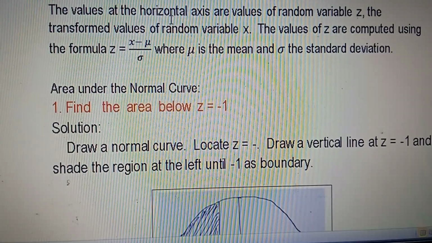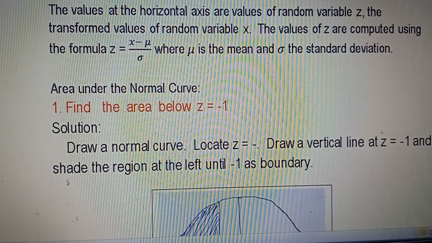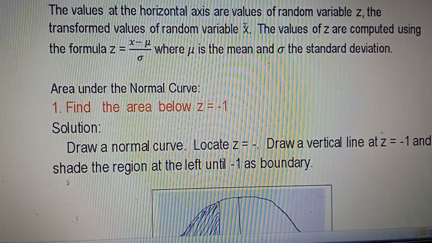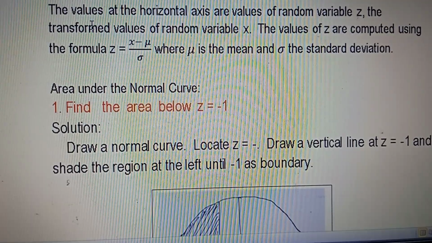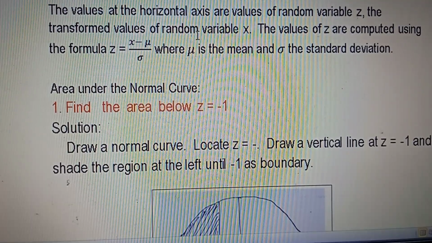The values at the horizontal axis, -3, -2, -1, 0, 1, 2, 3, are values of the random variable z. That is the transformed value of the random variable x.